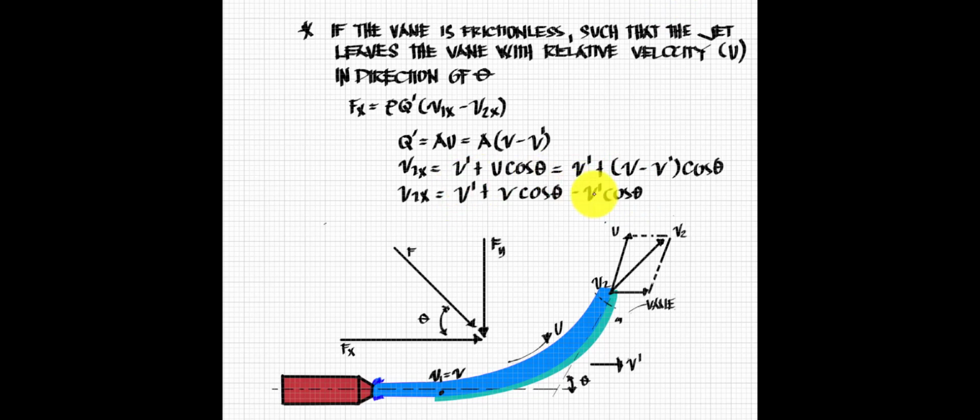Then we can factor these together, and rewrite our equation: velocity 2 x component is equal to the velocity of the jet times your cosine of theta. So that will be factored out, the velocity of the vane, so it is equal to 1 multiplied by 1 minus your cosine of theta.